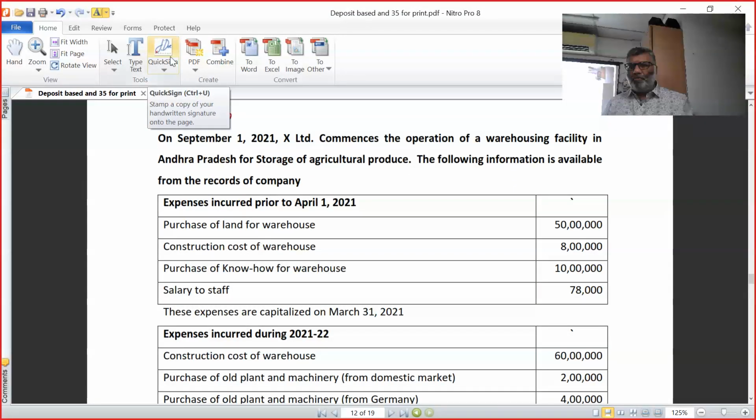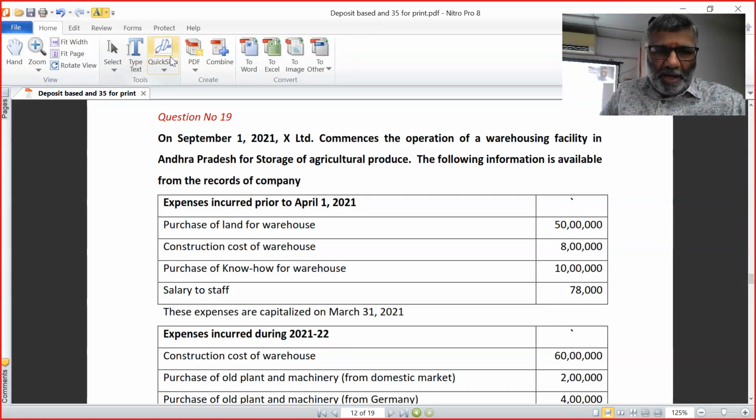Another wonderful question, again a long travel question, which will be very interesting to understand. On 1st September 21, the company commences the operation of a warehousing facility in Andhra Pradesh for storage of agricultural produce. The following information is available from the records.